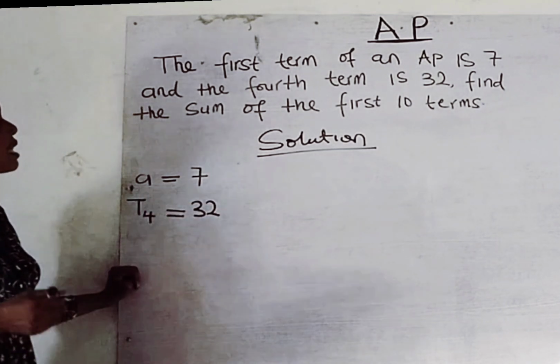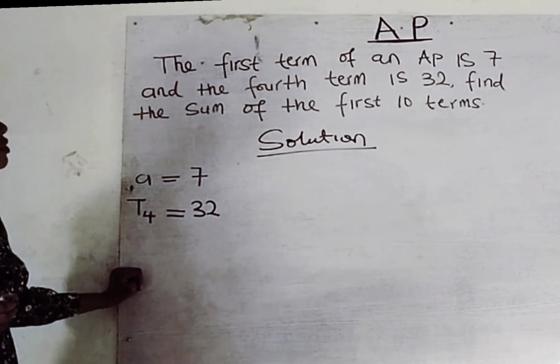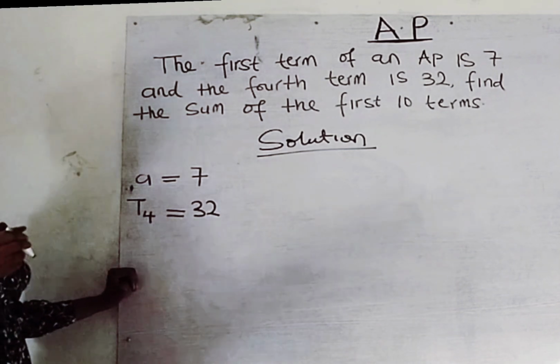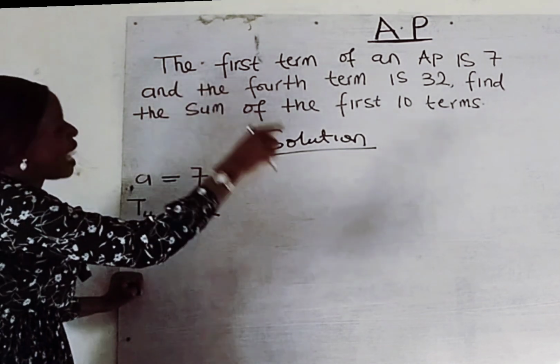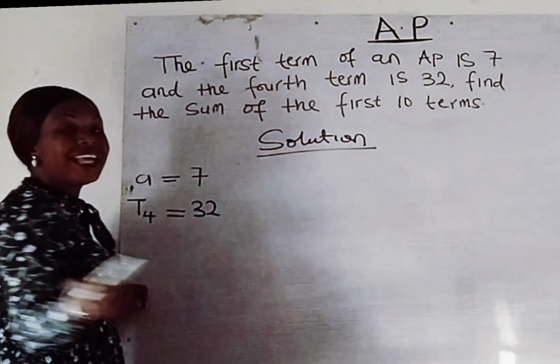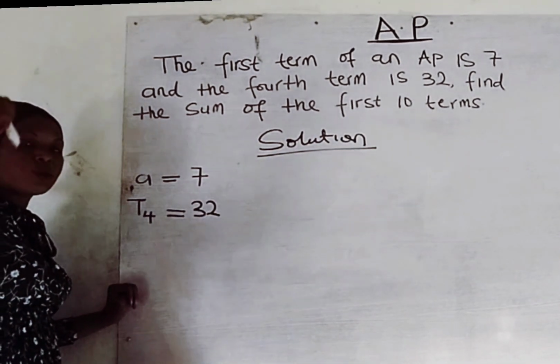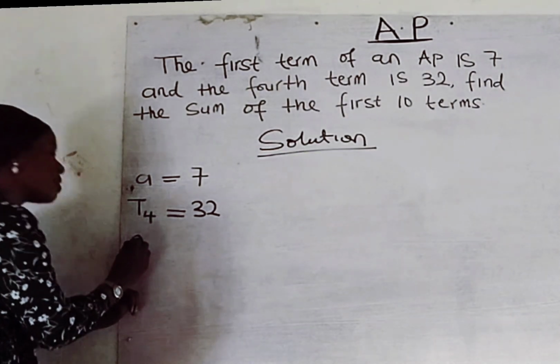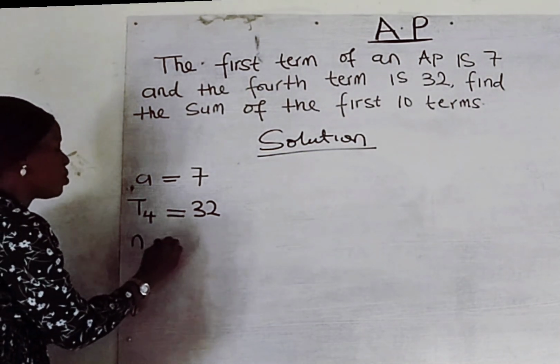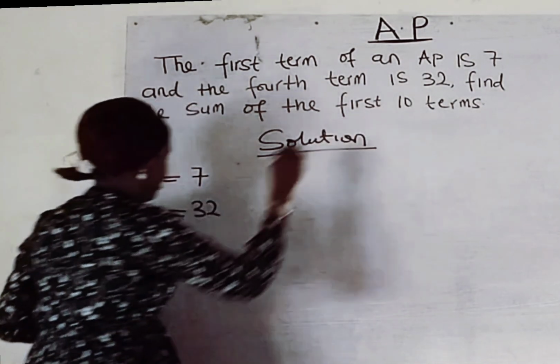Is there another data? Okay, it says find the sum of the first 10 terms. 10 terms, which means n, the number of terms they want us to find, is 10. So write n, representing number of terms, is equal to 10.